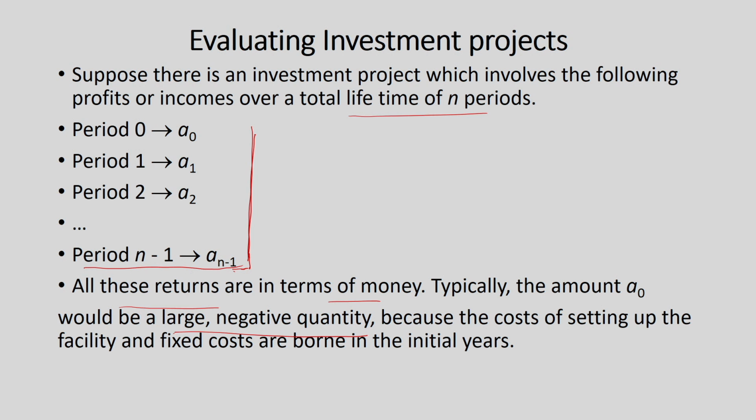Those are outgoings, outflows, and those will be registered as negative, and there will be some earnings which are positive, like profits. Those earnings might be in the future, but definitely in the initial period there will not be any positive inflow. In the beginning there will be outflow. Therefore, A0 is likely to be a large quantity because fixed costs are involved, and it is likely to be negative.